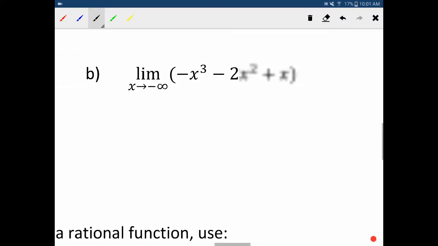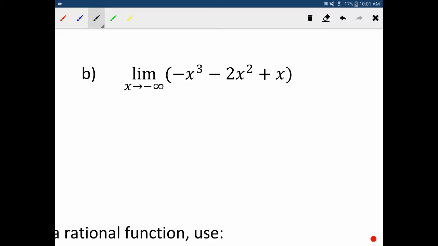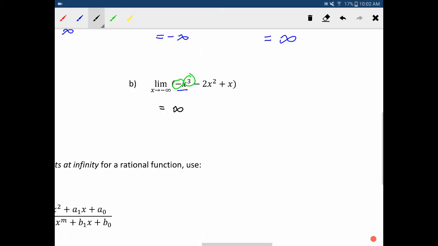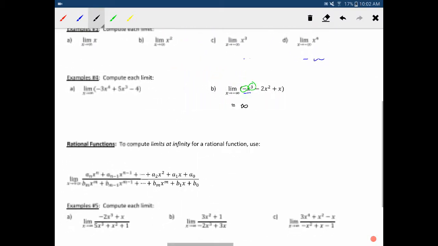Over here, we're approaching negative infinity. Again, all we really care about is this term. Specifically, what we need is this negative and this 3 here. So it's an odd function. As we approach negative infinity, it should go towards negative infinity, but that negative is going to flip it, and so it is going to approach positive infinity. So that's that for that.